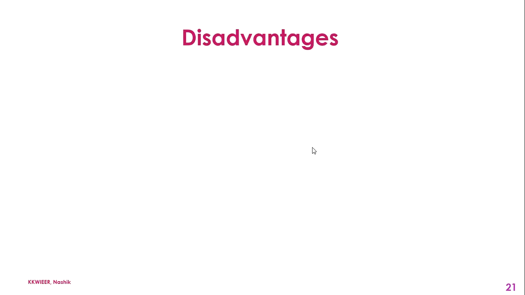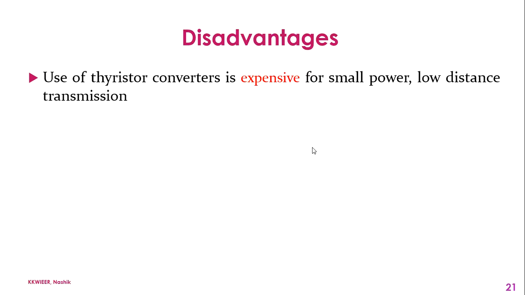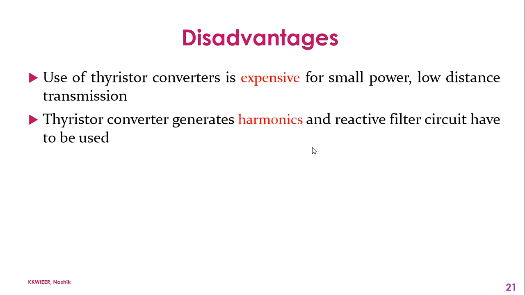Now we will see disadvantages of the HVDC transmission line. So the first one is that the use of thyristor converters is expensive for small power and low distance transmission. The thyristor converter generates harmonics and reactive filter circuits have to be used to reduce or avoid these harmonics.